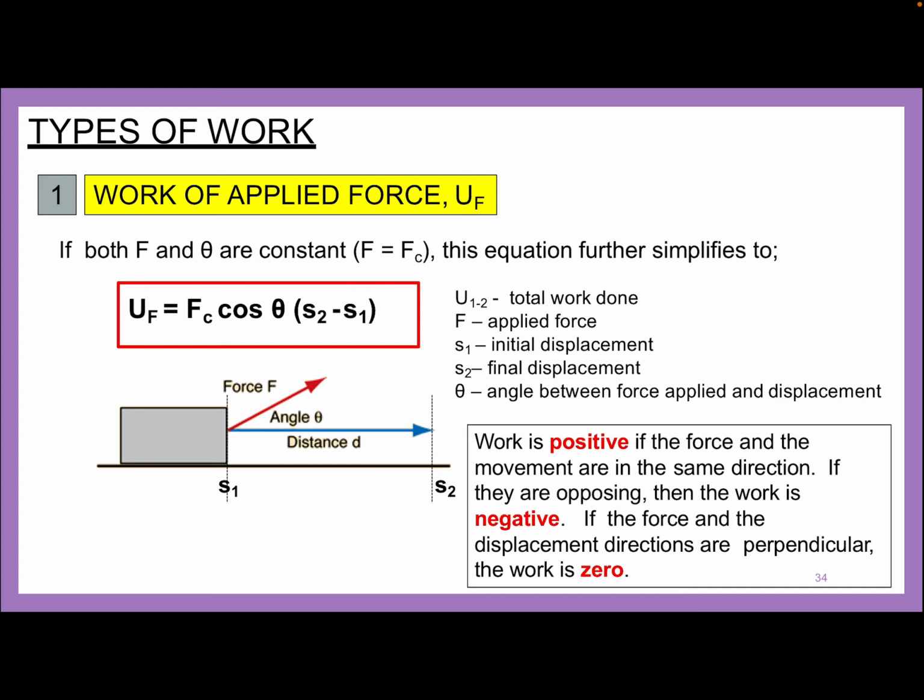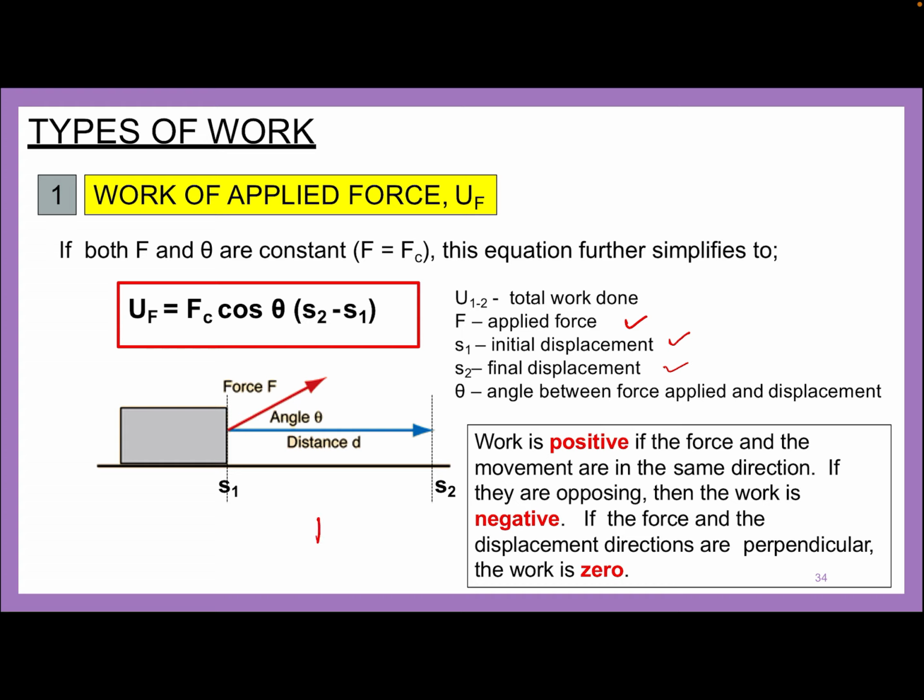First, work of applied force, UF. If both F and theta are constant, this equation is further simplified to UF equal to F cos theta times (S2 minus S1). So U1 to 2 is the total work done, F is the applied force, S1 is the initial displacement, S2 is the final displacement, and theta is the angle between force applied and the displacement.